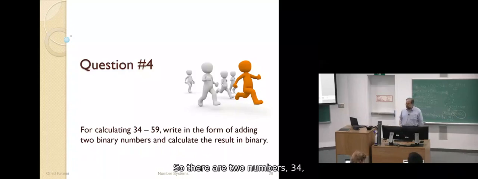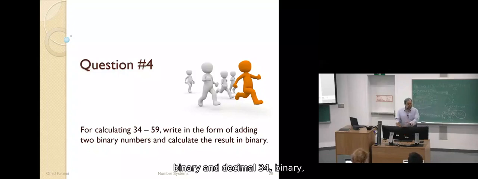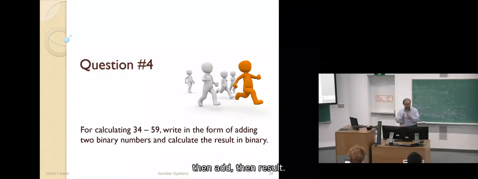So write all of them in the forum, in binary, not in decimal. 34 in binary, 59 first in binary, then the 2's complement, then add, then the result.